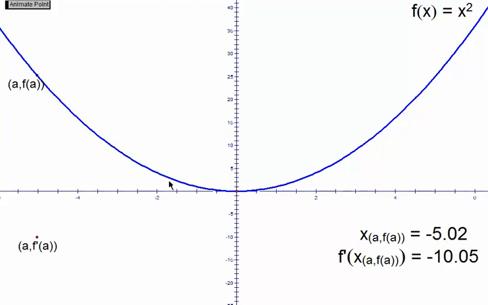But what's happening as you're getting closer and closer to this value, this 0? The slope is getting closer and closer to 0. In fact, at 0, the slope you would expect for the tangent is 0. So this derivative value is going from negative 10 to negative 9, negative 8, 7, 6, 5, until eventually it gets down to 0.